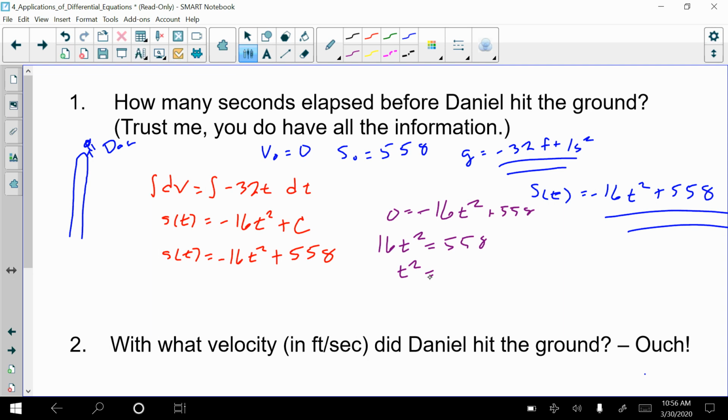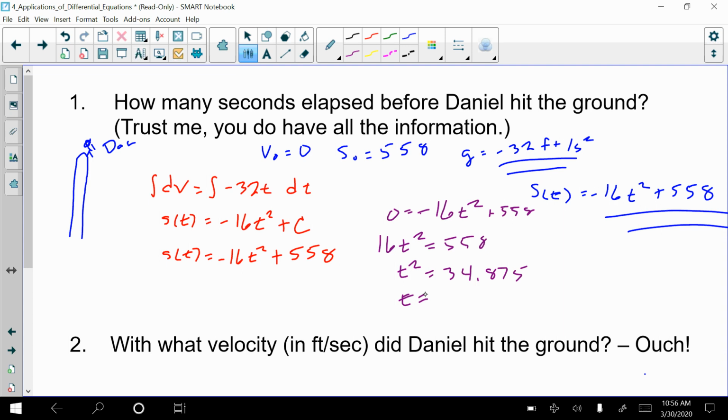I didn't write the number down, I just wrote the final answer: 558 divided by 16 gives us 34.875. And then I take the square root of both sides. I'm only interested in the positive value of the square root because we're dealing with time.